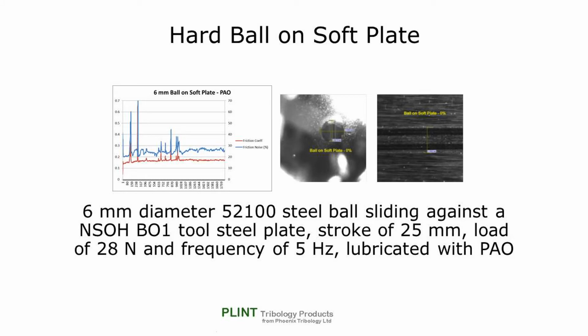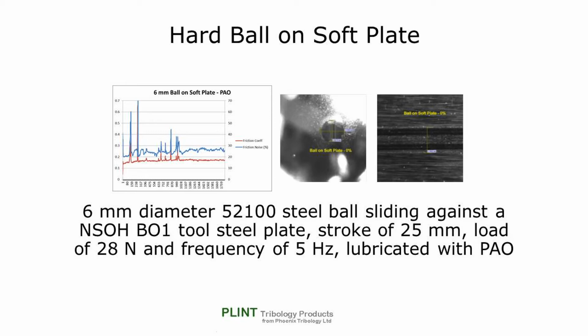The following experiments were run with a 6mm diameter 52-100 steel ball sliding against an NSOH B01 tool steel plate with a stroke of 25mm, load of 28 newtons and frequency of 5 Hz, lubricated with PAO and PAO plus 0.5% organic friction modifier.